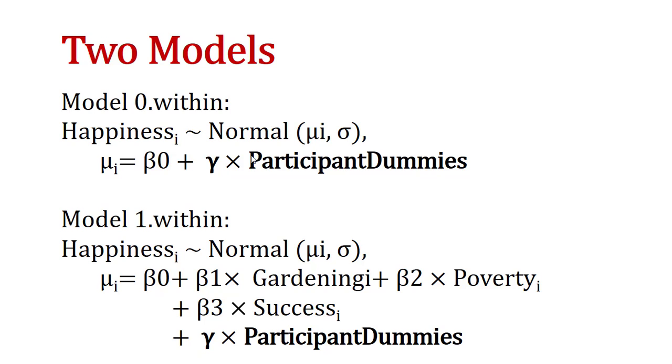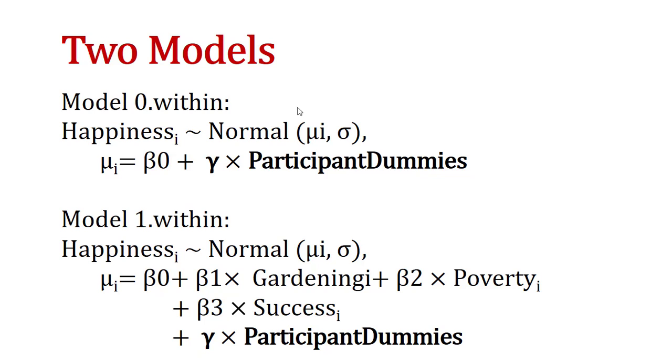Now, this is in the two models. So basically here, model 0 and model 1 are exactly the same as model 0 and model 1 in the between subjects design, but we added this term, a vector of gammas and a vector of participant dummies, and the same we did in model 1. So when we've got this involved, it means that instead of being just one of these, it's a vector, so a number of gammas.